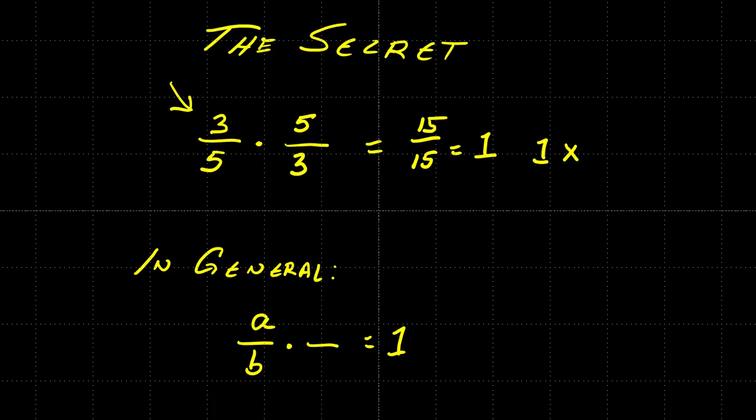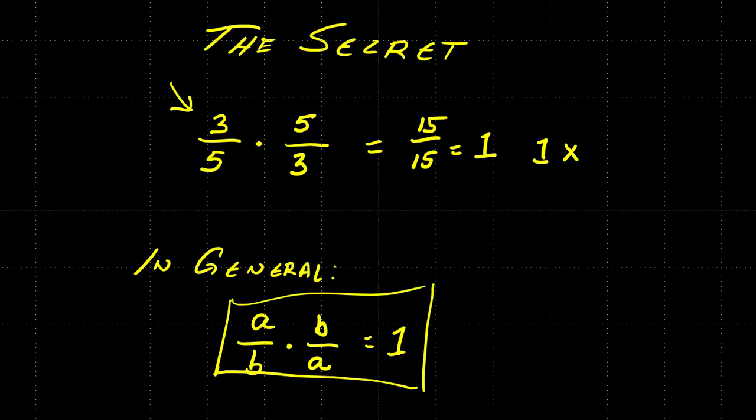In general, to turn a number into 1 in these equations, we multiply by the reciprocal. The reciprocal of a divided by b is b divided by a, and that equals 1. This is called the multiplicative inverse.